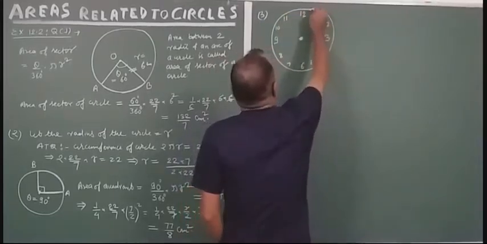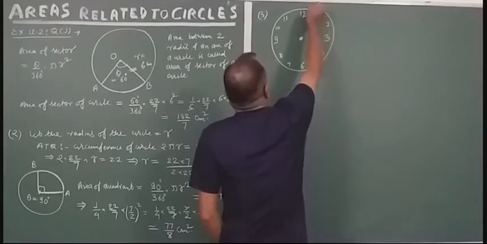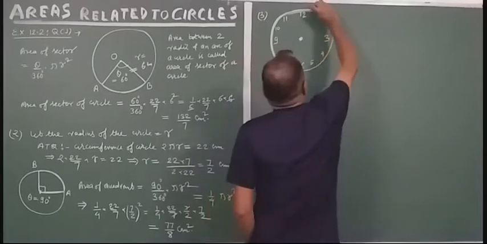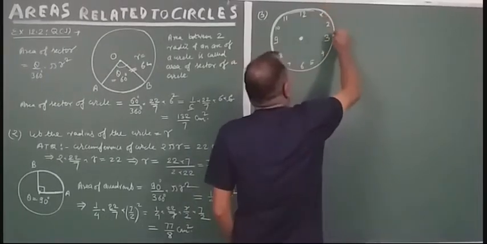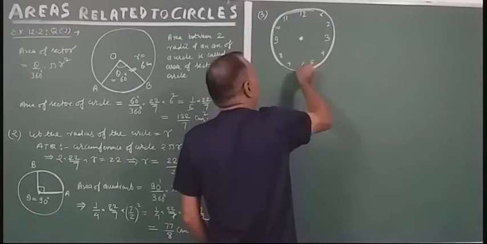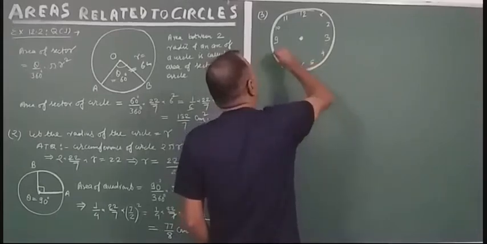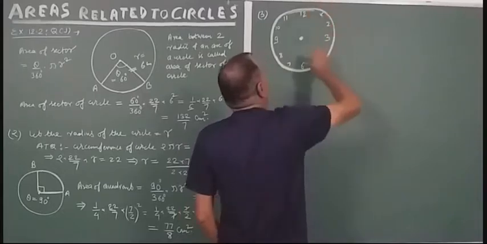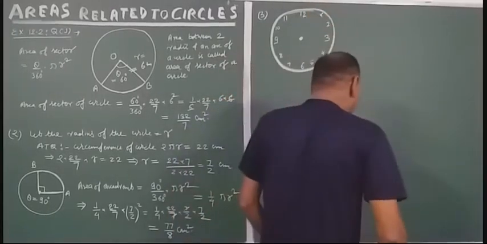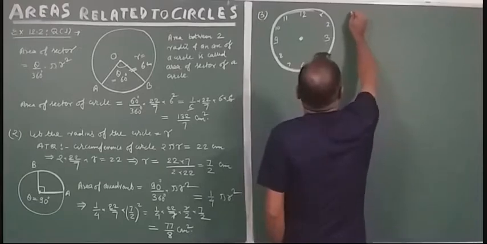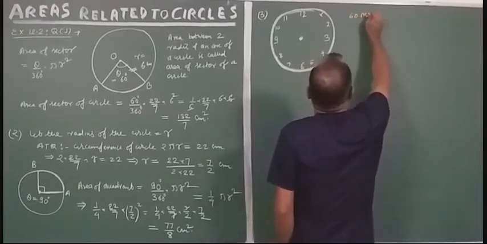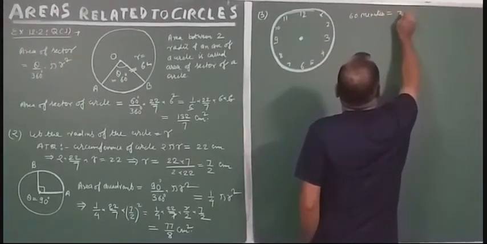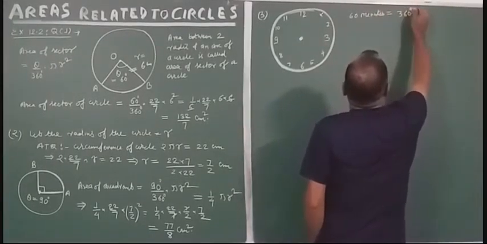What is this complete angle? How much is it? 360 degree. Okay, and how many minutes are there from here to here? 60 minutes are there. 60 minutes is equal to how much? 360 degree.